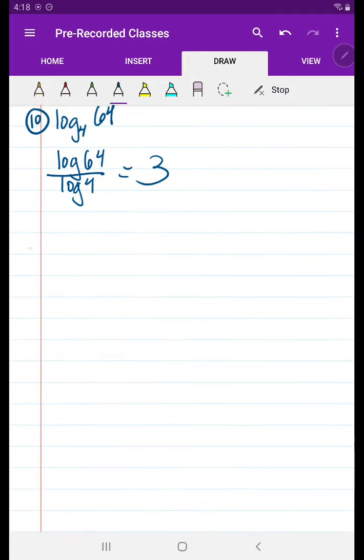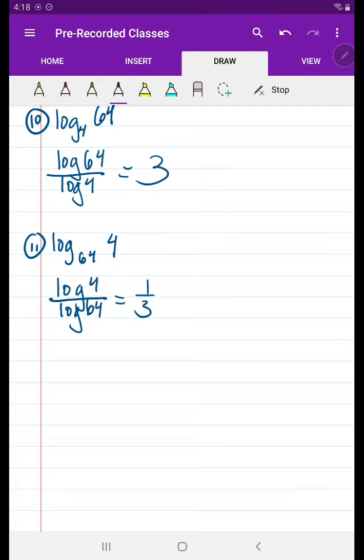And so for the same thing for 11, we have log base 64 of 4, and you can also turn that into your change of base, and this is going to turn into log 4 over log 64, and that simplifies to 1/3. And so you can plug that into your calculator as well.